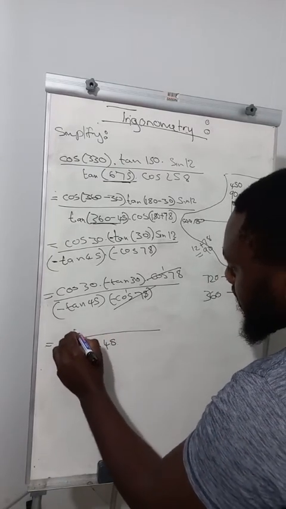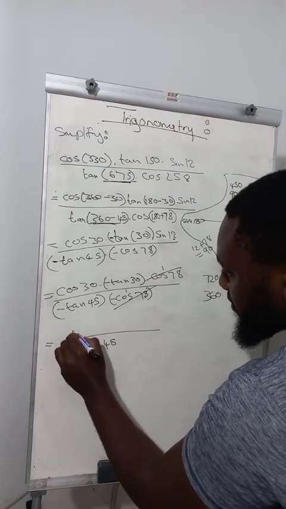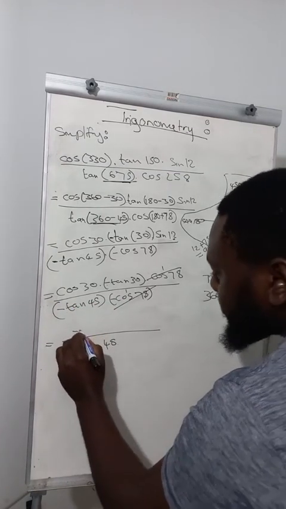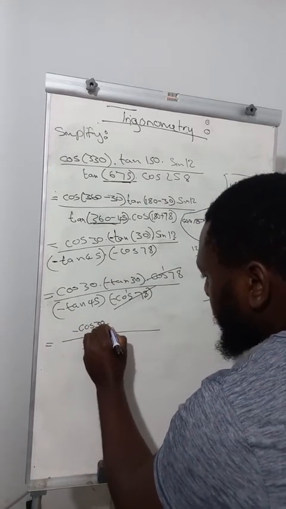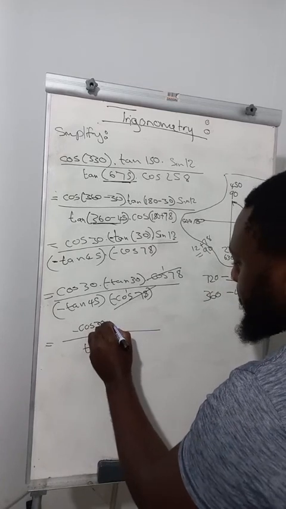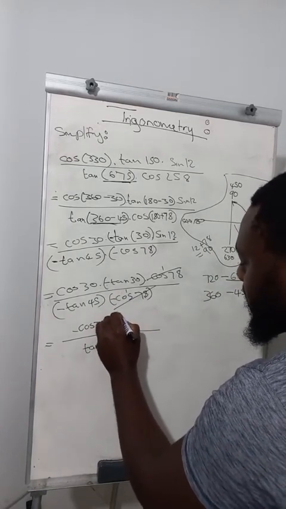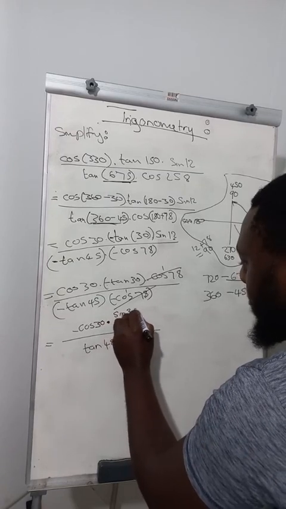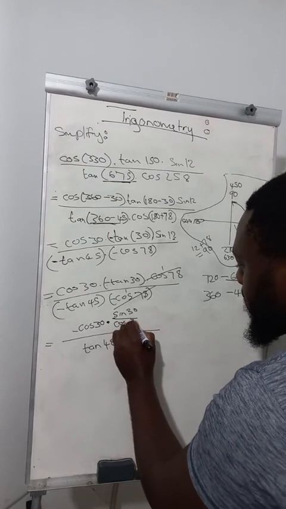And then here you will have negative multiplied by positive, which will give you negative cos 80 multiplied by, change the tan now, you'll have sine 30 divided by cos 30.